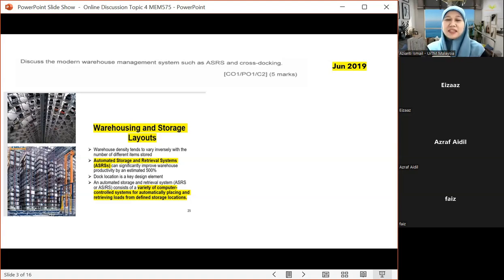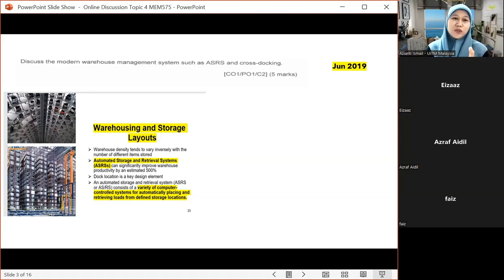You don't need to go to the racking and look for it, because if we look at ASRS, this is what it looks like. It's like a high forklift in which it has a fork to go, and it can even go up to, it looks like, more than 12 stories, so high. So it will find where that item is in less than a few minutes.